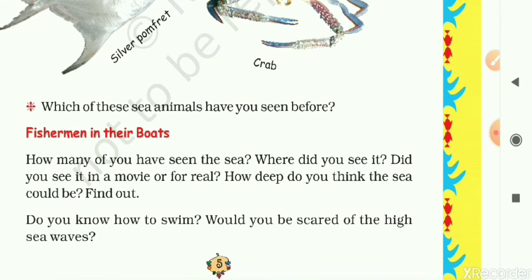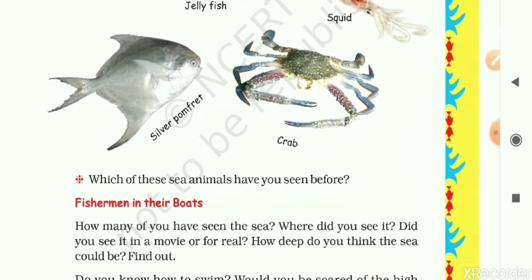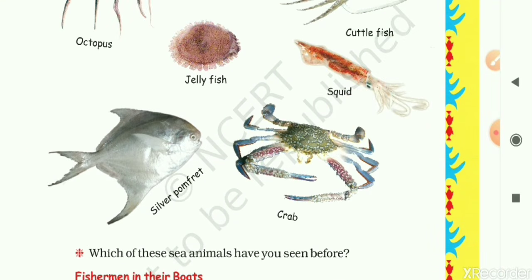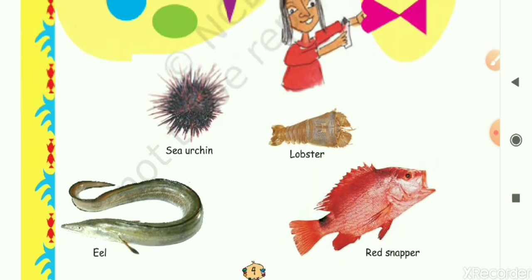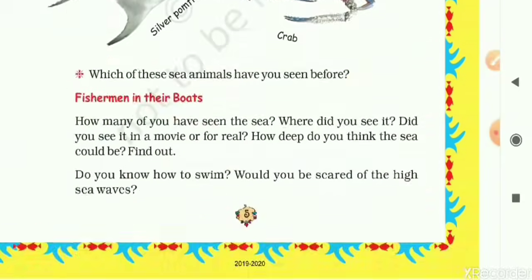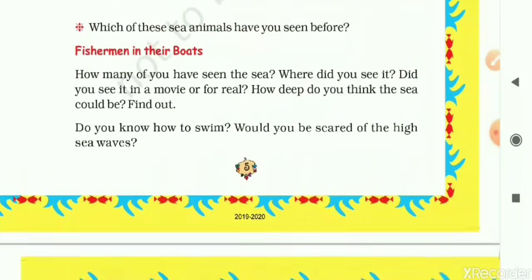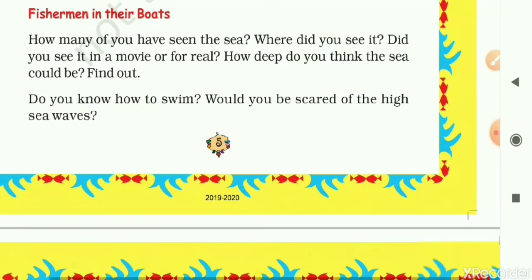Now, which of these sea animals have you seen before? I think many of these you have seen, like crab and prawn, parrotfish, eel. Okay, now the next topic is fishermen in their boats.